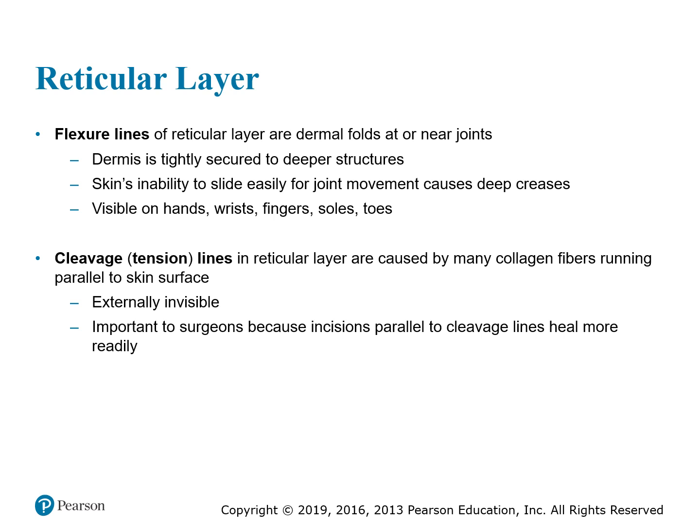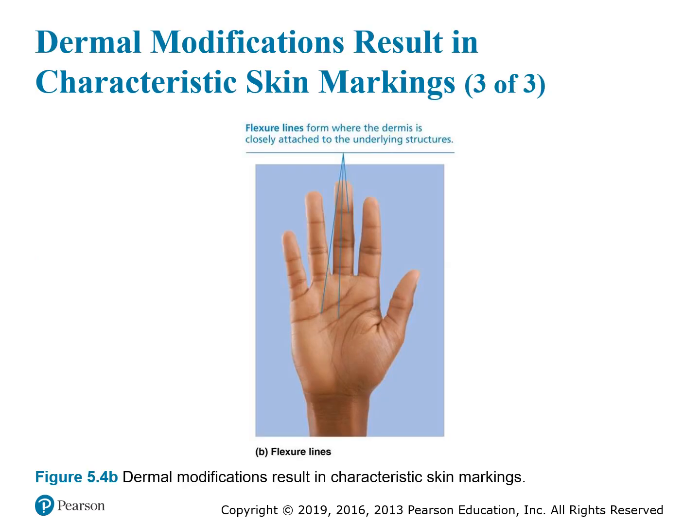And so these are externally invisible, but we know from our studies on cadavers and looking at this stuff for medical purposes, because it's very important that when a surgeon starts to cut on you, that they are working parallel to these cleavage lines instead of working perpendicular and cutting across them, because we know that this helps in wound healing. So there you can see the flexure lines actually forming the lines of the palm.